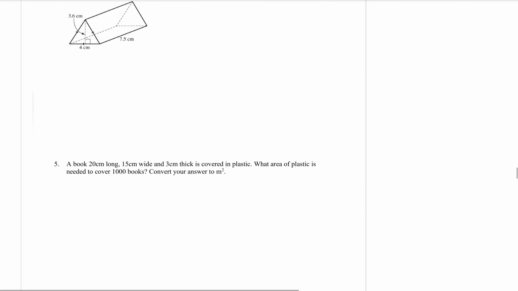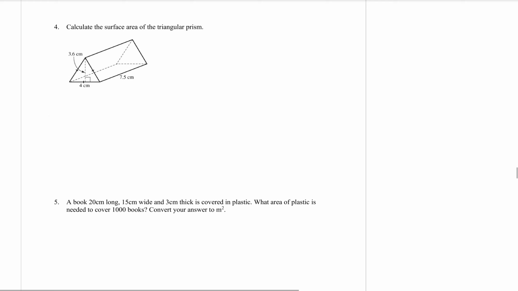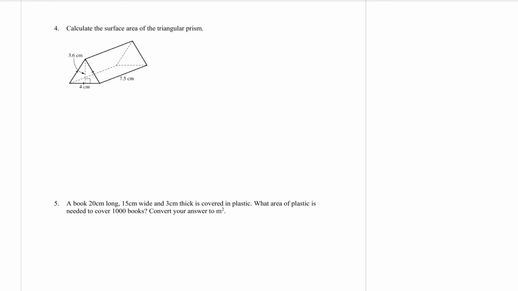Okay, so question 4. So another triangular prism to find the surface area of. This time we don't have the net to help us. But just like last time, we're going to have the 2 triangles, so 2 lots of half the base times the height, plus we have 3 rectangles. But for this one, the 3 rectangles are actually going to be all the same, because see how we have these little lines here?